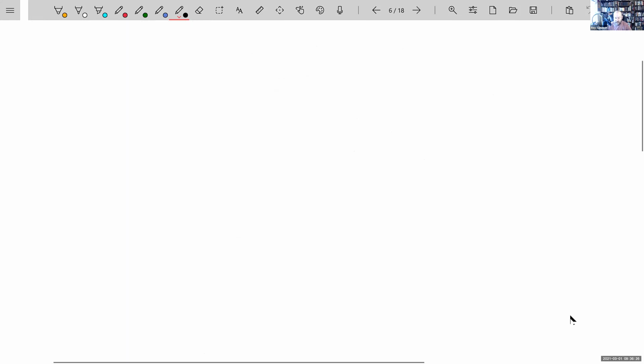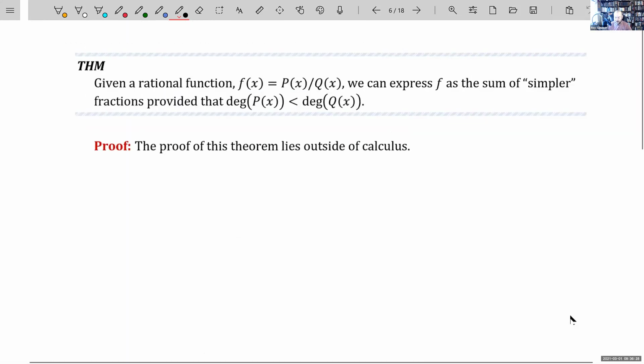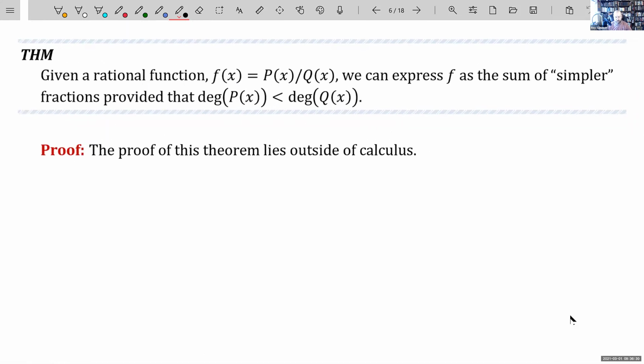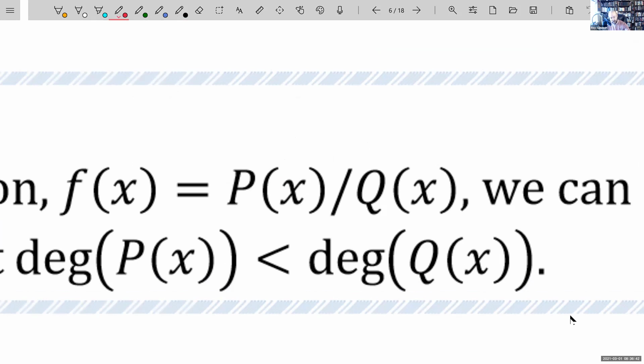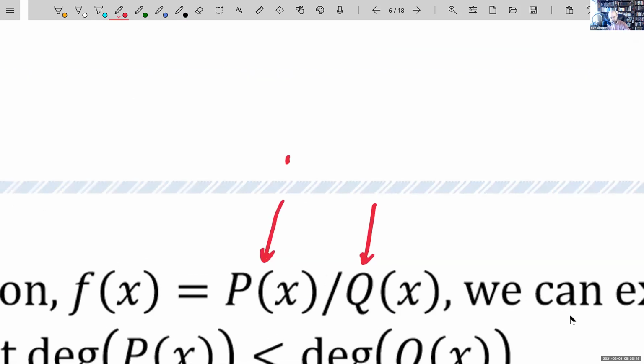Well, before we get into that, we have to mention one thing that's incredibly important, actually. Given a rational function, which is just some polynomial p divided by some polynomial q, and these must be polynomials. Very, very, very important. So I'm going to write that in here. Must be polynomials. Very important.